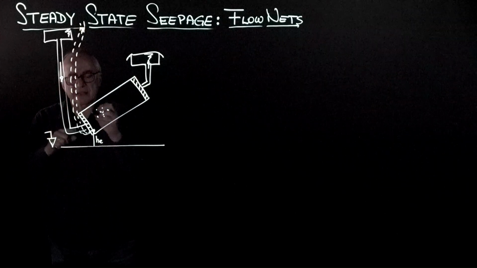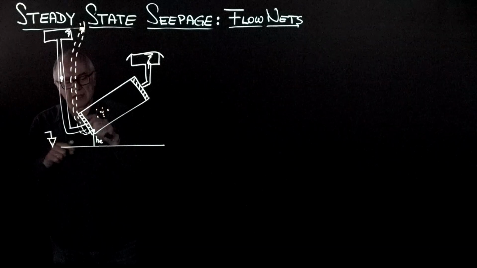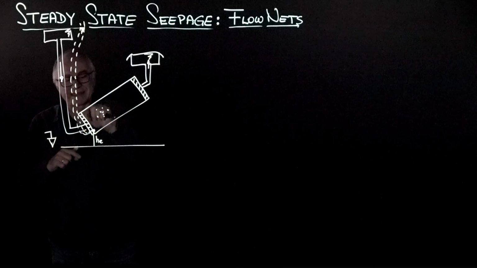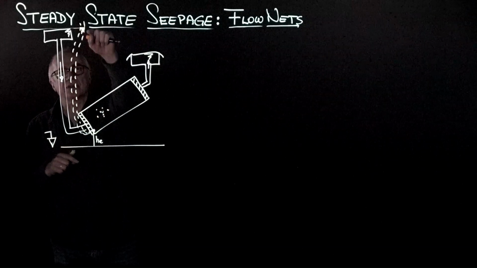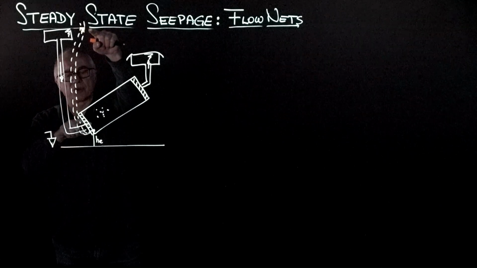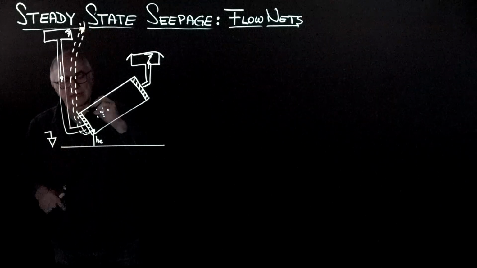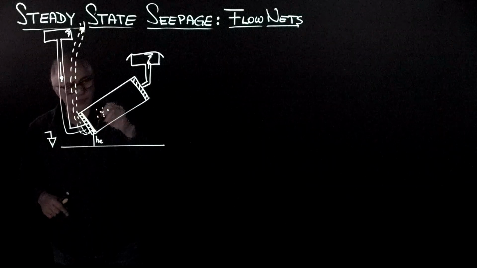And I can do the same for any other point here. It will have higher elevation, but the height on the piezometer will go to the same total elevation, and therefore this is indeed the first equipotential.